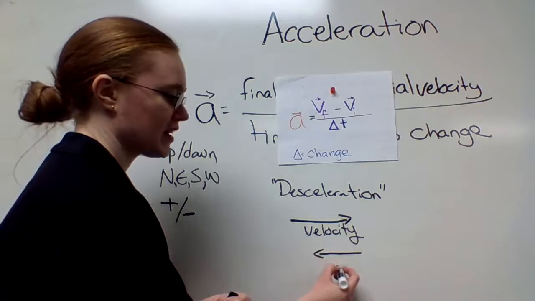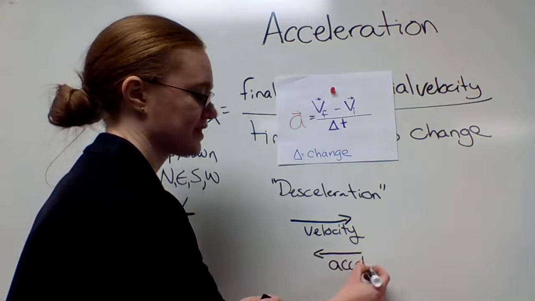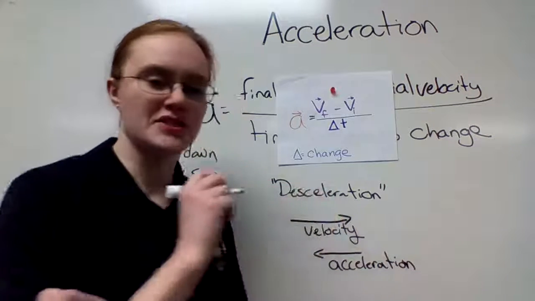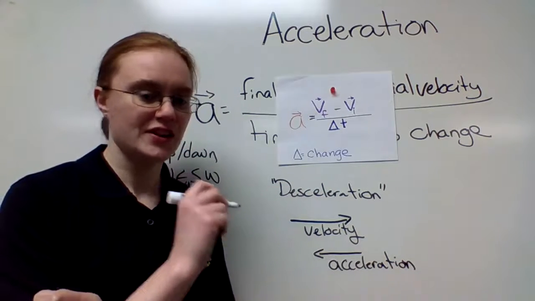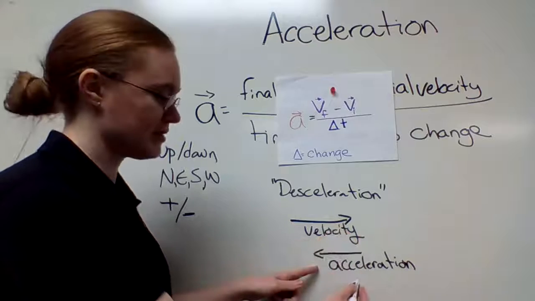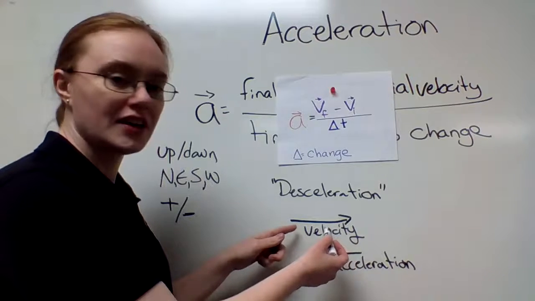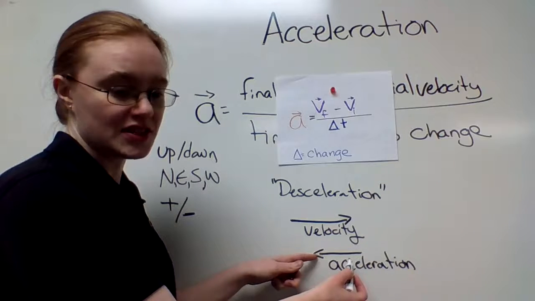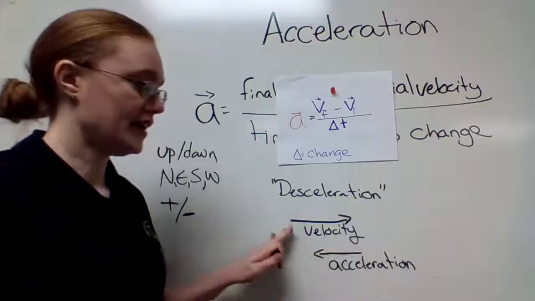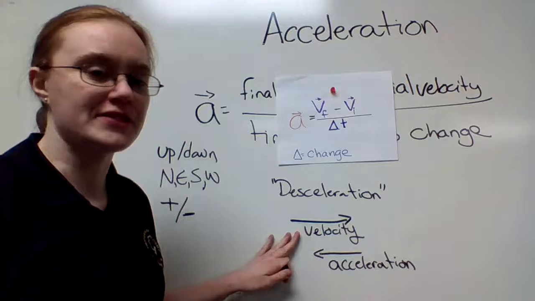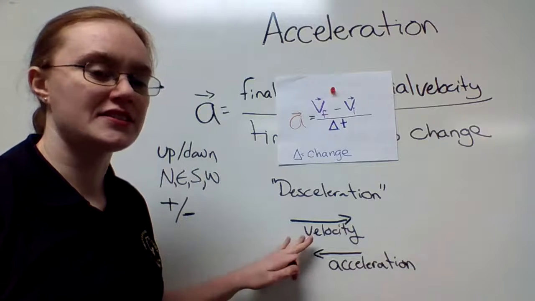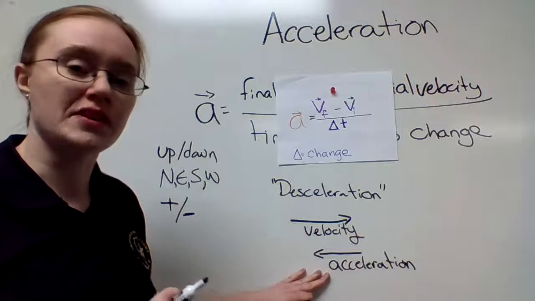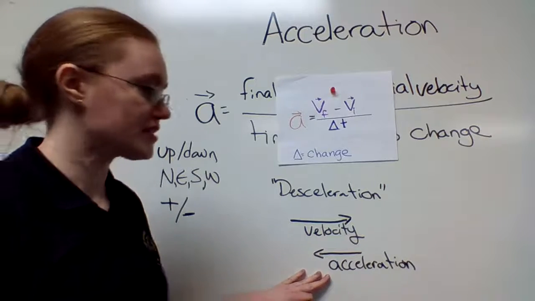The acceleration is going to be in the opposite direction. So this could be up, this could be down, this could be northeast, this could be southwest. Just as long as you understand that if something is slowing down, it's decelerating, and velocity and acceleration are going to be in the opposite directions.